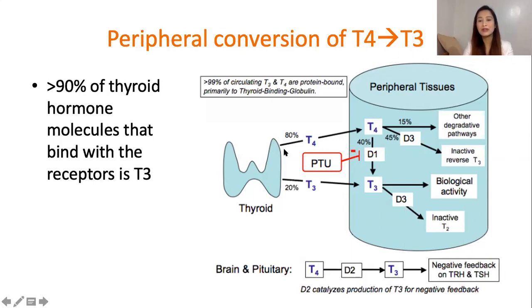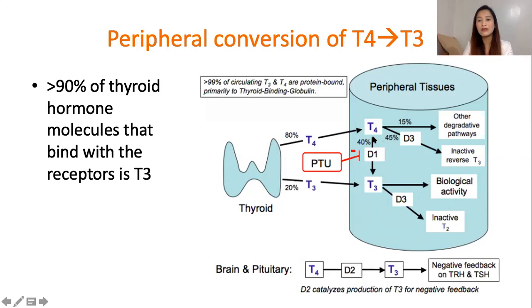So when your T4 reaches your peripheral tissues, it needs to be converted first to T3 through the deiodinase 1 enzyme in order for T3 to be attached to the receptors in the peripheral tissues. And this will result in biological activity.